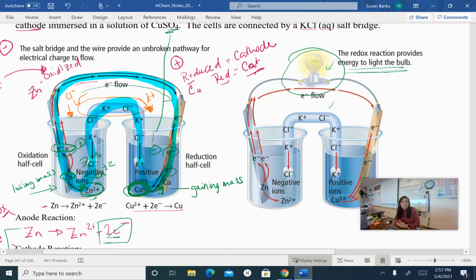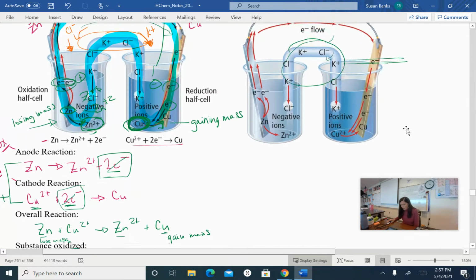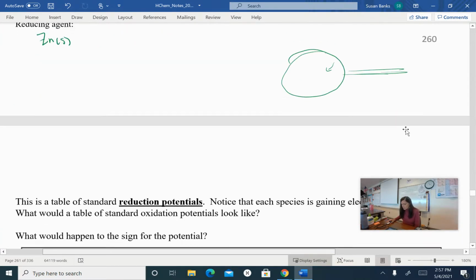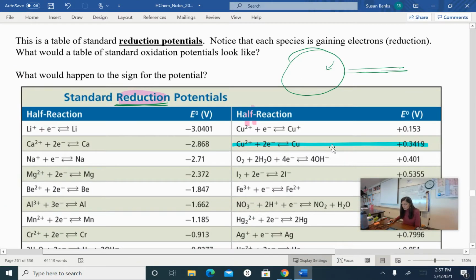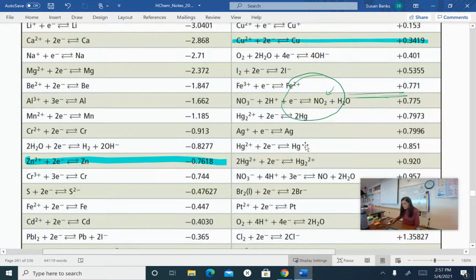We use batteries and electricity all the time, all day long. We're really, really dependent on it in this country.